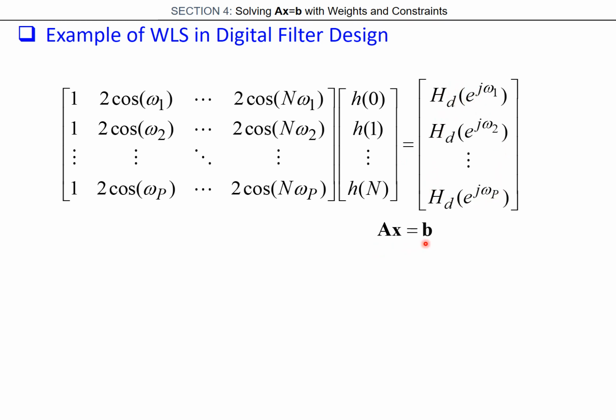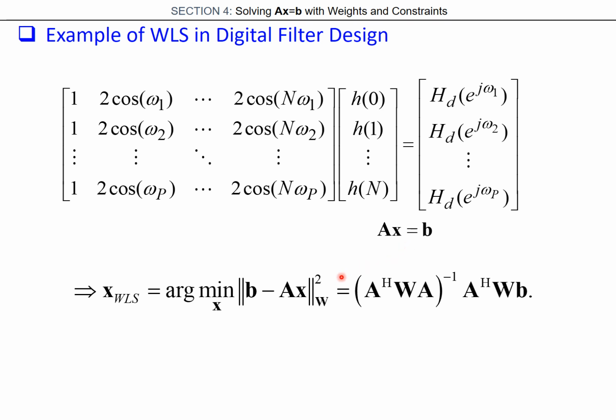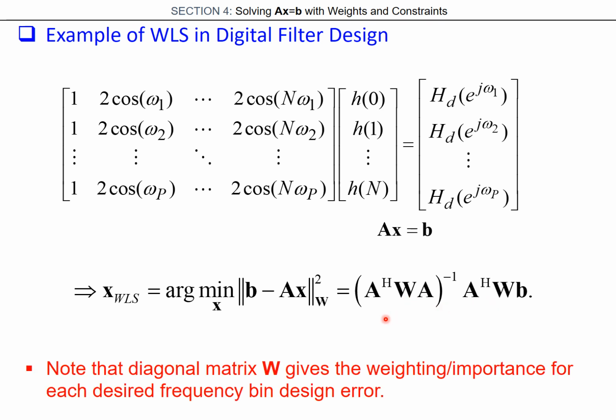So it becomes AX equals B. And the weighted least squares solution, that is, if you weight each one of the error terms as we discussed before, you have this W matrix, which is the diagonal matrix that gives the importance for each desired frequency bin design error.